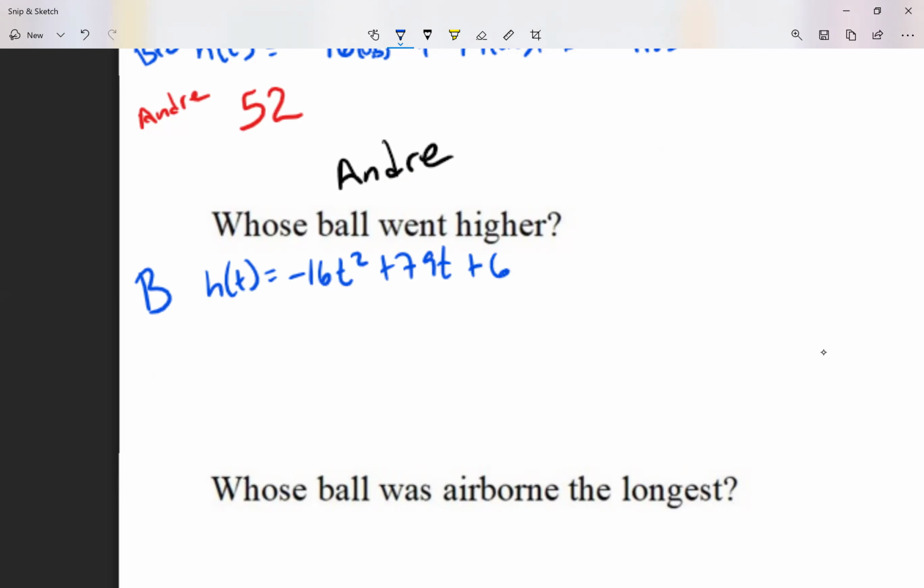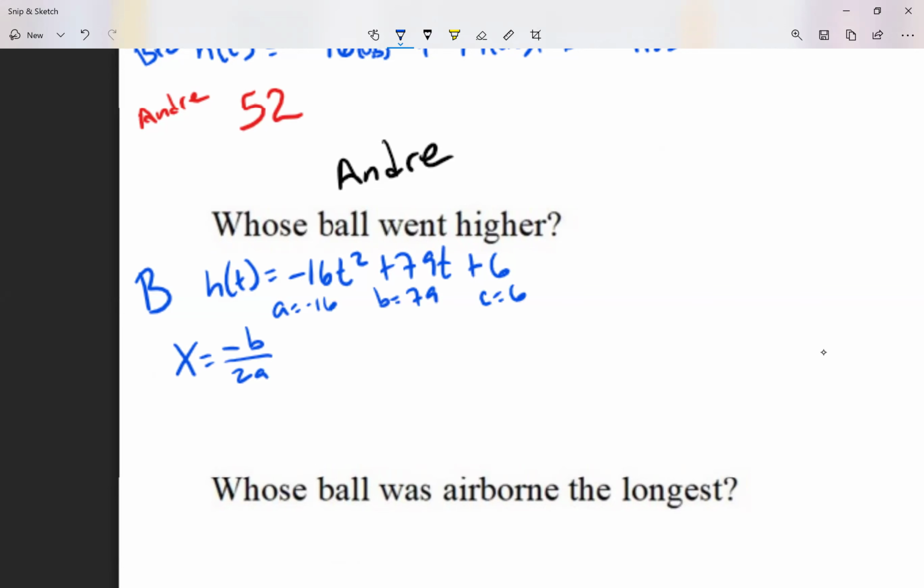So for me to find out the highest point, what's the highest value of the height in here, it will be the vertex. I remember I gave you guys a formula to find the vertex. For the x value, negative b over 2a. Okay, I know my a value is negative 16. I know my b value is 79, and I know my c value is 6.